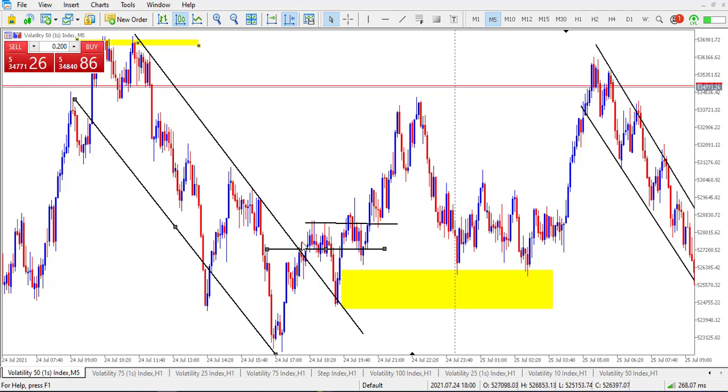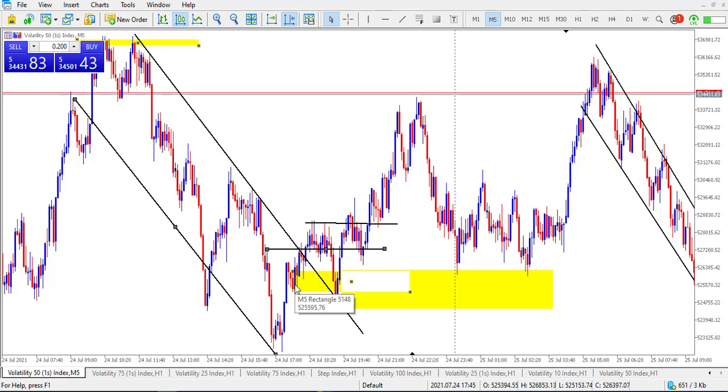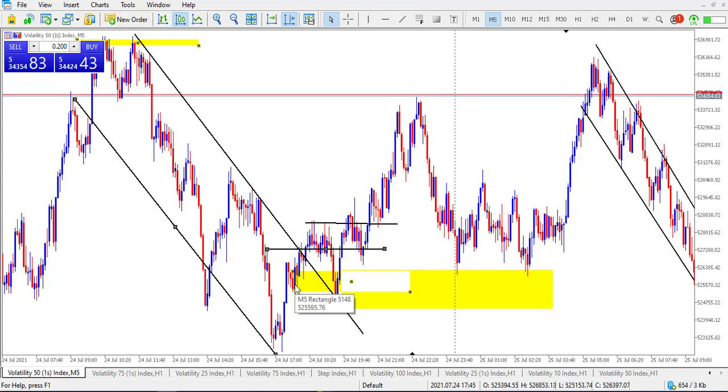After this break, I want you to see it, this was the order block that took out the high and the break. So that order block is the order block we are looking for, or the order block we could have used, and it would have been taken out.